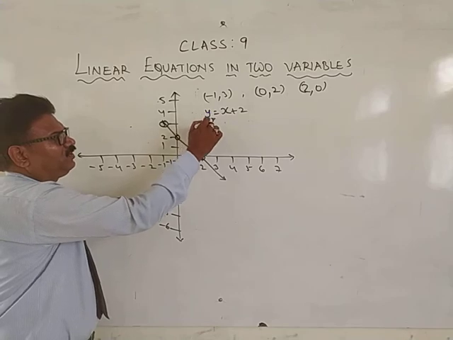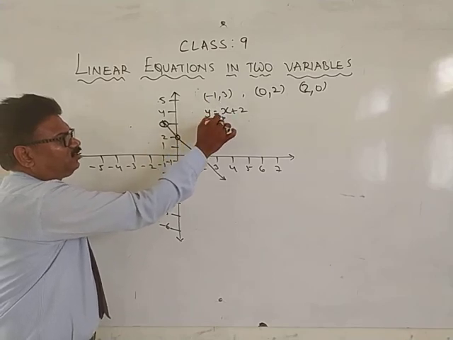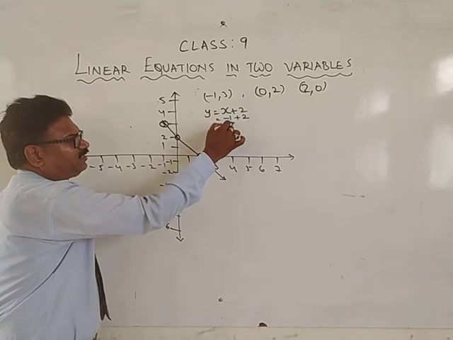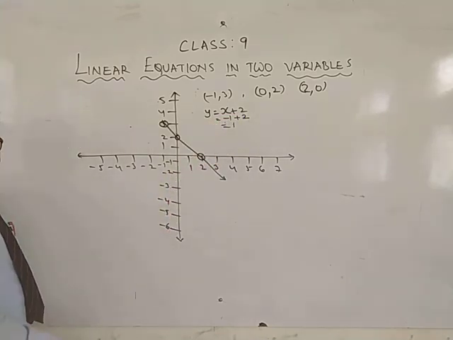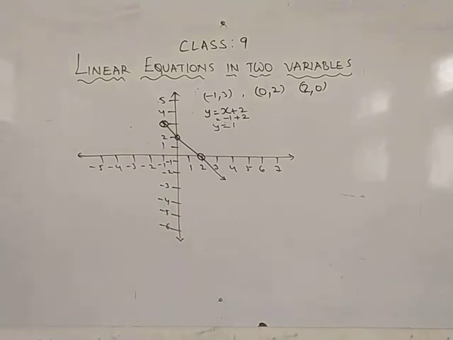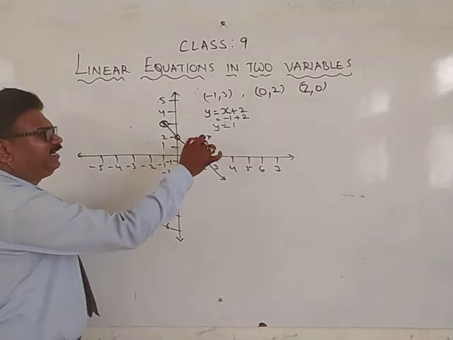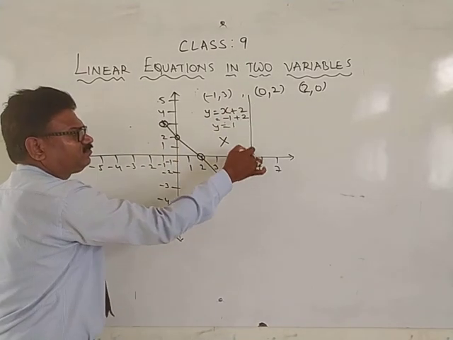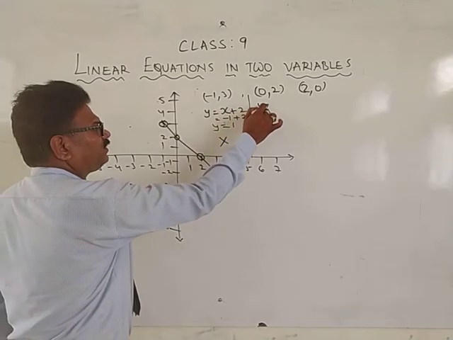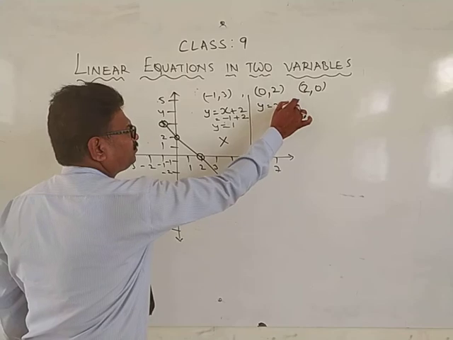If x equals minus 1, minus 1 plus 2, what is the answer? 1. Is it correct then? Not correct. Therefore, it is not. Next, y equals x minus 2.